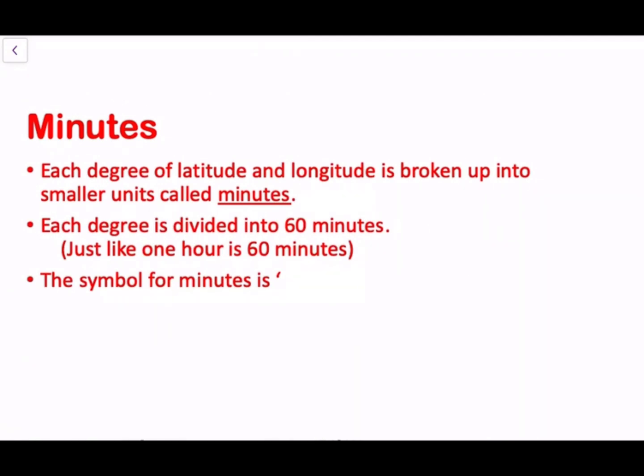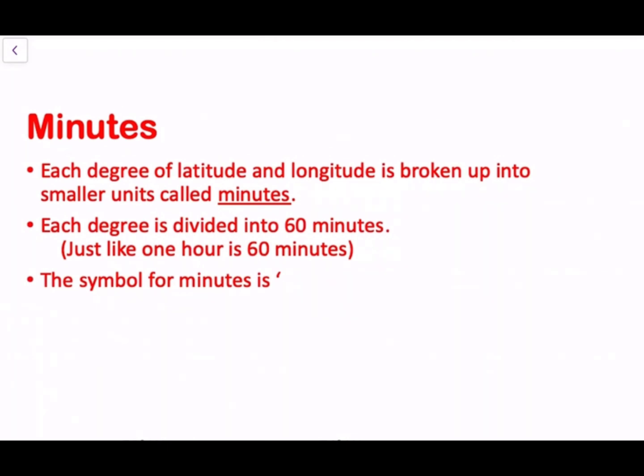In latitude and longitude, we break down 1 degree of latitude or 1 degree of longitude into a unit called a minute. Each degree of latitude and longitude is broken up into smaller units called minutes. Each degree is divided into 60 minutes.